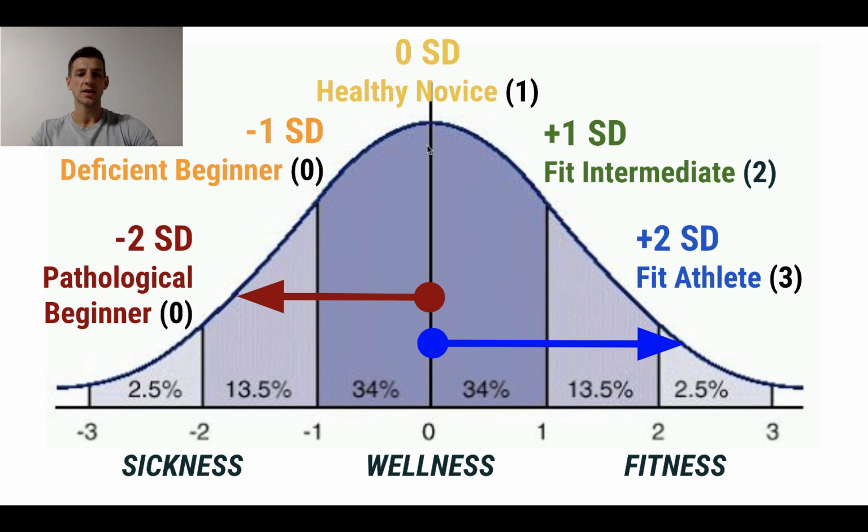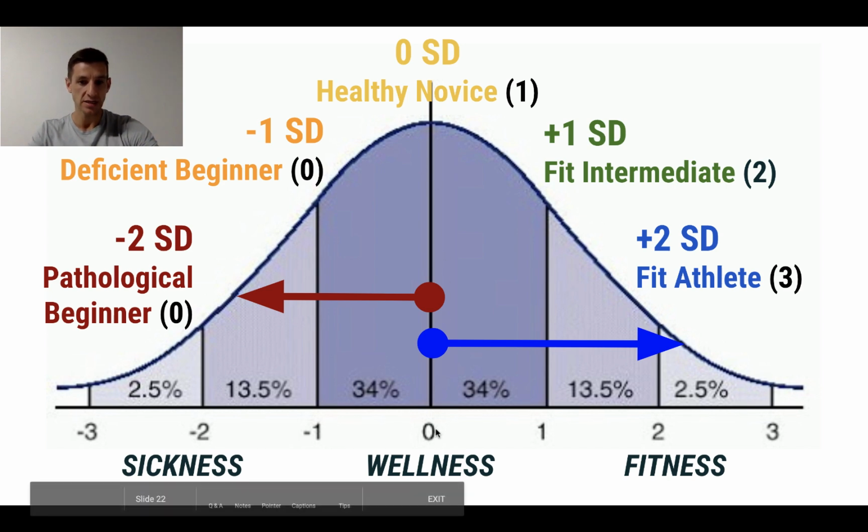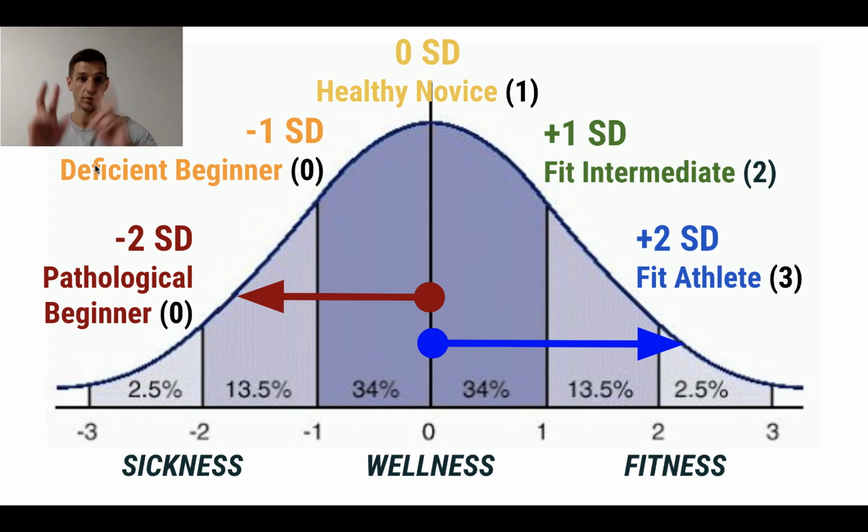And likewise, the individual who's below a healthy state, 1 standard deviation below this healthy mean, represented by the 0 here, would be labeled a deficient beginner. And again, if you are so deficient that you are in some respects dysfunctional, you would be a pathological beginner.